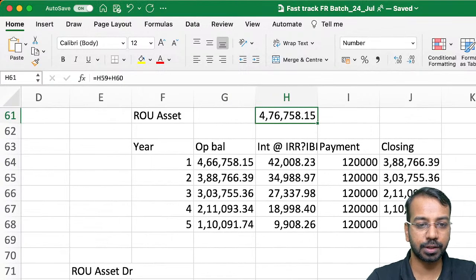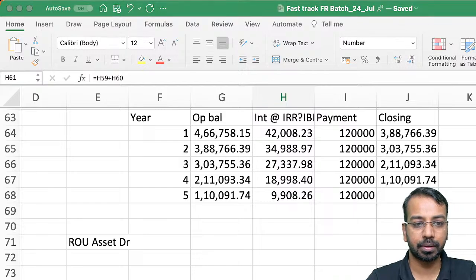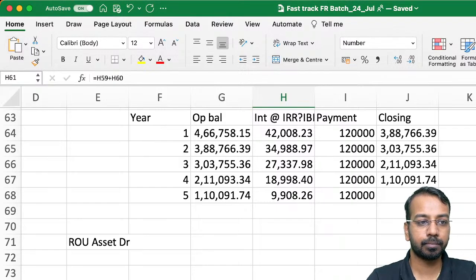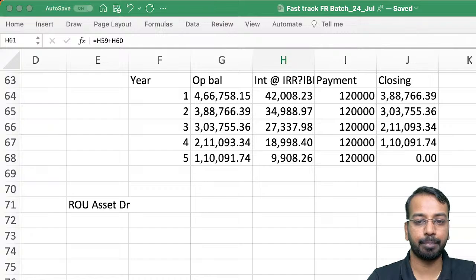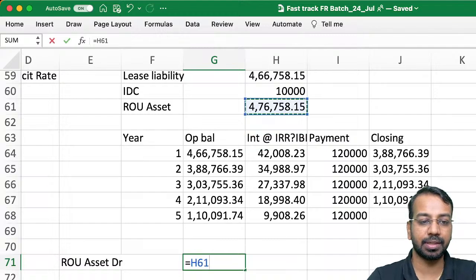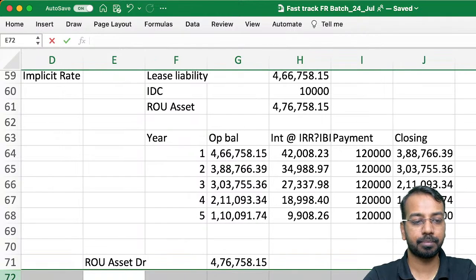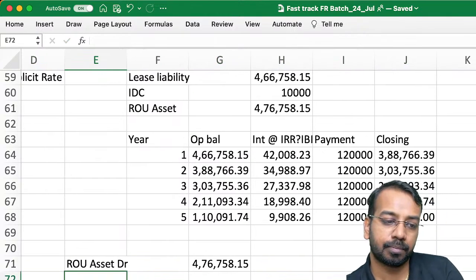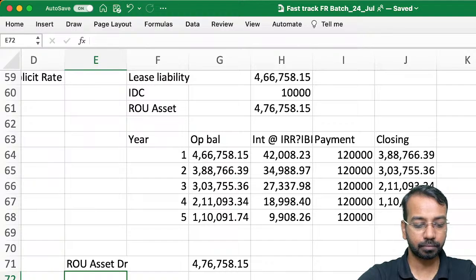So ROU asset is 476,758. I'll just link it with this here. We'll debit that, and you will credit lease liability.